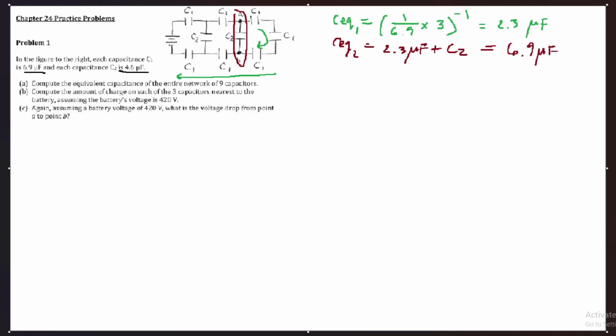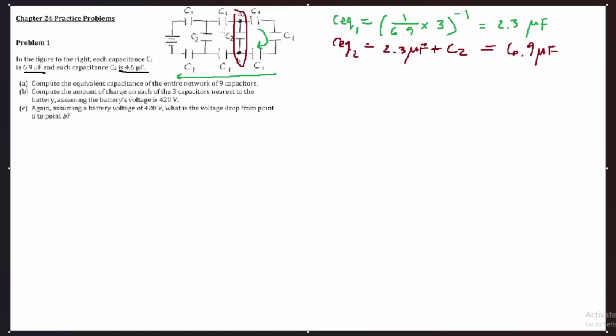And from here, we can see that with every series of 3 C1 capacitors, C2 would equal C1, if that makes sense, right?